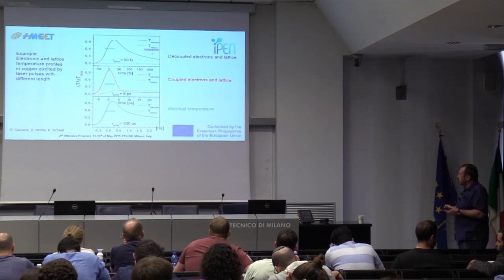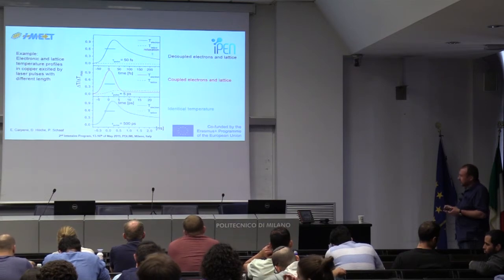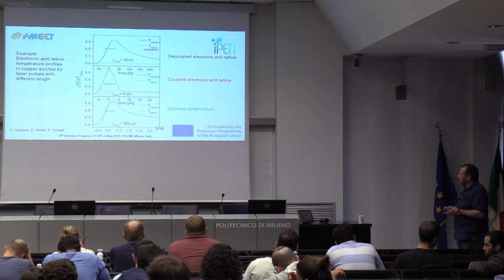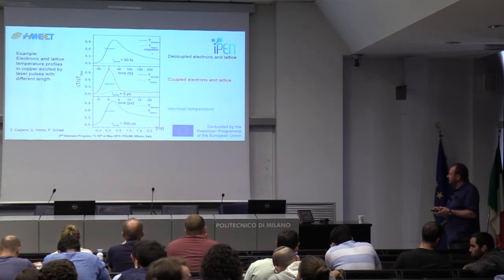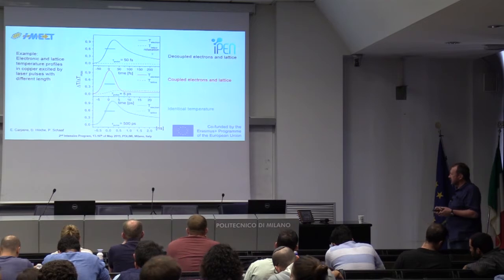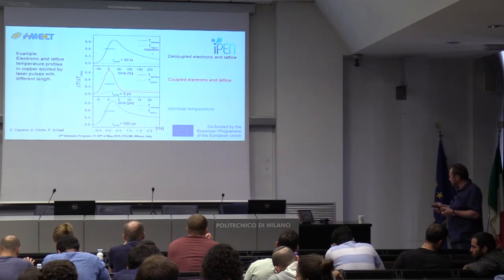We have a 5 picosecond pulse, and we see how during this electronic temperature increase, there is a considerable increase of lattice temperature. And if we are talking about half a nanosecond pulse width, then we see that there is practically no difference between the electronic and lattice system.